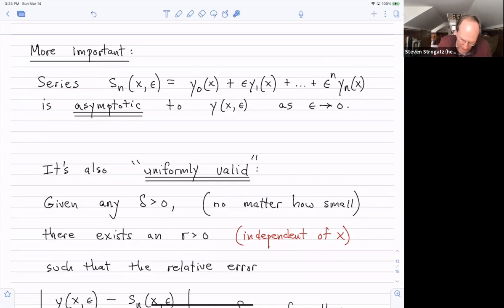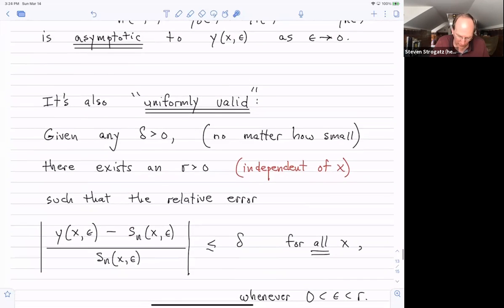So given any delta, there exists an r, the key being that this r is independent of the x in the domain, such that the relative error in our approximation, that is y minus the approximation compared to the approximation itself, so the percentage error, can be controlled to always be less than or equal to delta. And that is true for all x.